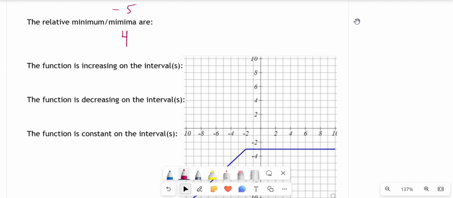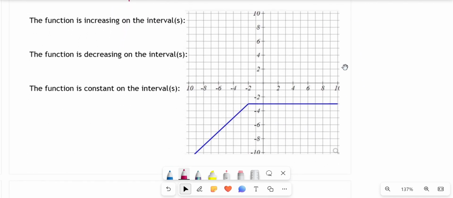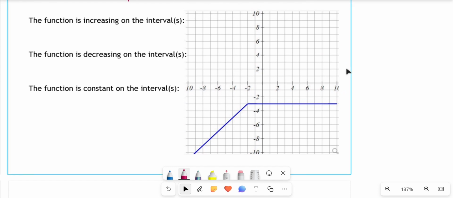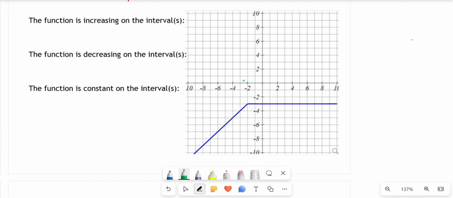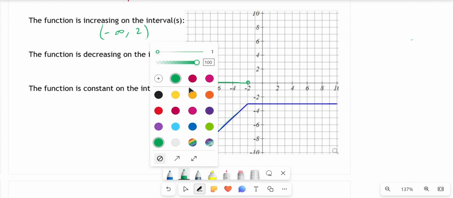Here we have a new example. Where is this thing increasing? Well, it appears to be increasing from this entire left side of the graph. As you go to the right, it travels up, all the way up to -2. And then what about decreasing? Well, it doesn't appear to be decreasing anywhere.